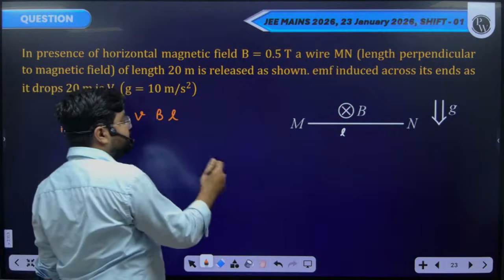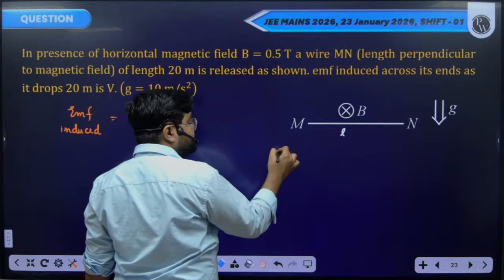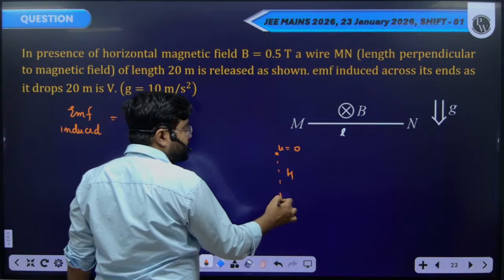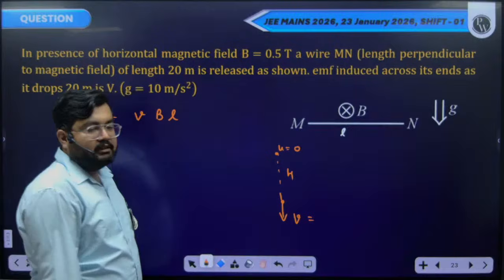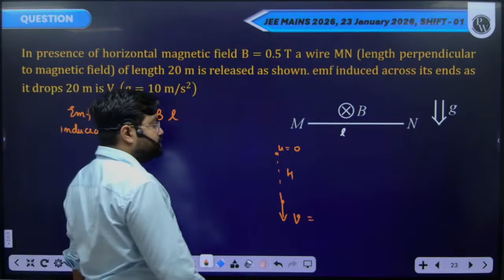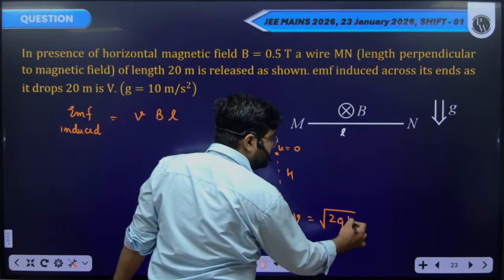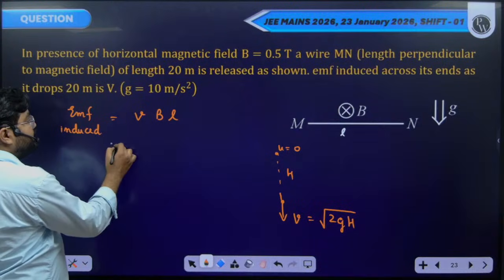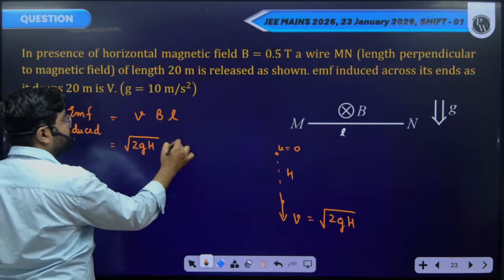So the velocity at the end, if you drop anything from rest by a height h, using the third equation of motion, we can get this as under root 2gh. So v can be put as under root 2gh, into B, into L.